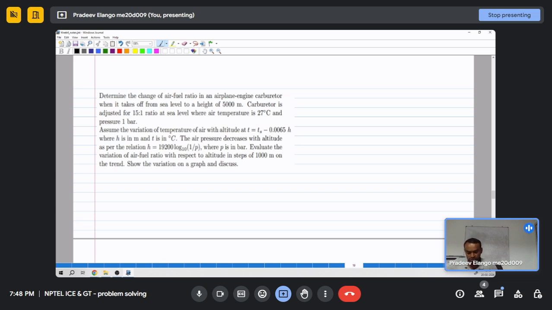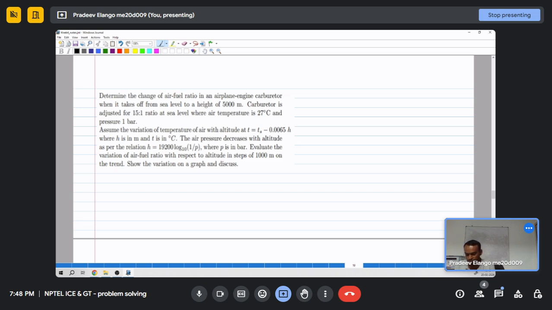The air pressure decreases with altitude as per the relation H is equal to 18,000 log base 10 of 1 by P, where P is in bar. Evaluate the variation of air-fuel ratio with respect to altitude in steps of 1000 meters. Show the variation on a graph and discuss.